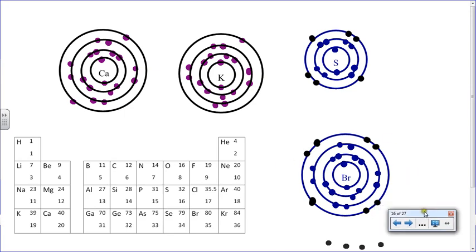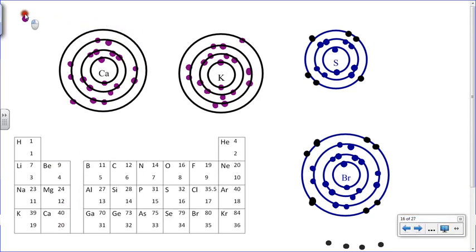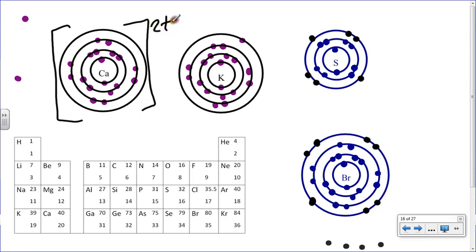So if we predict the charges on some of these atoms, we can see calcium has 2 electrons in its outer shell, as you'd expect, it's in group 2. So if it gives away 2, it's going to have a charge of 2 plus, 2 positives. Potassium has only got 1 electron in its outer shell.